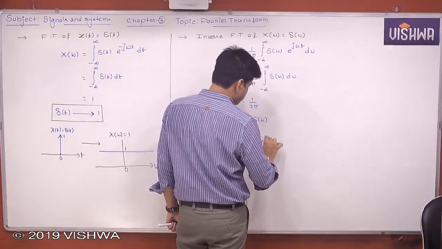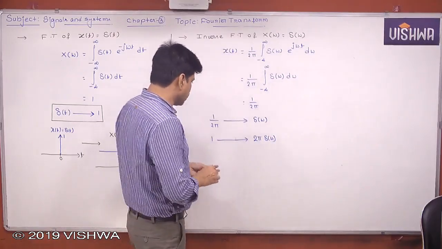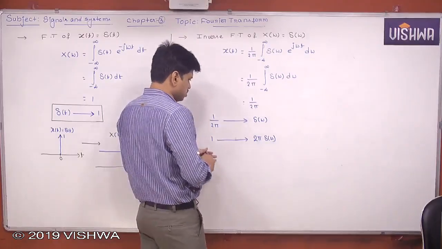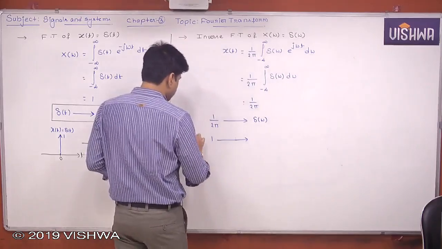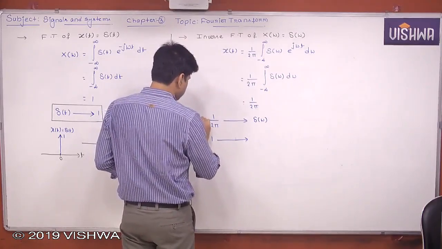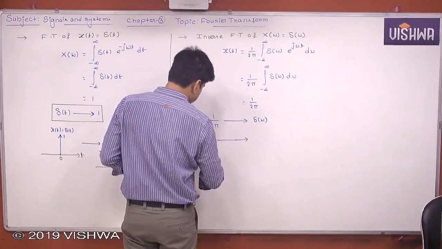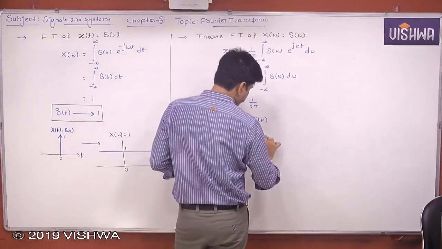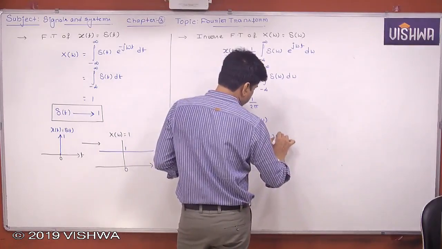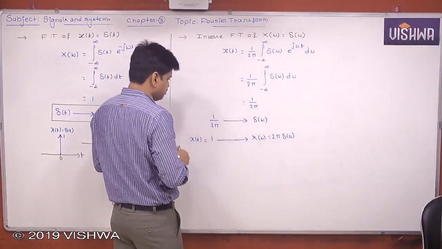So suppose x of t is equal to 1, then X of omega is 2 pi delta omega.